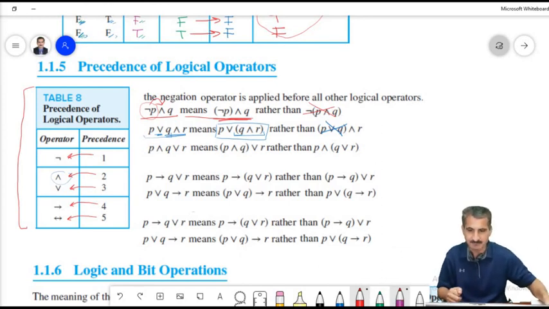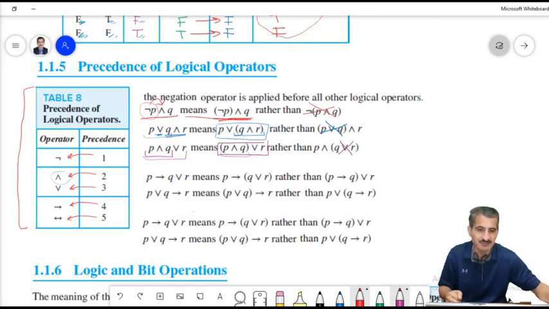Again, in here, the conjunction precedes the disjunction. So we will go for P and Q, and then we take or R. We will not go for the disjunction first.